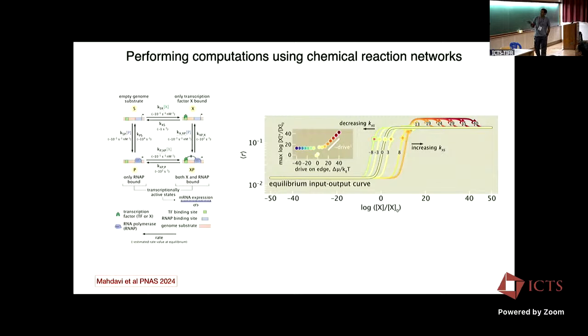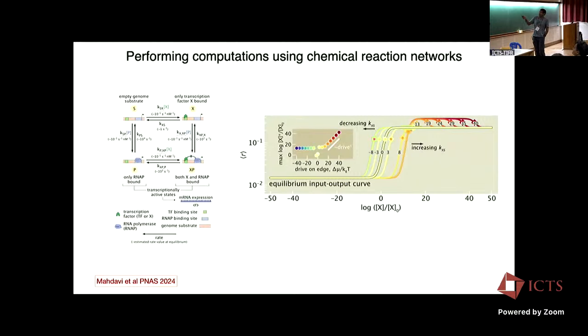If you, for example, treat the output of this gene circuit, which is the rate at which mRNA is produced, and put that on the y-axis, and as input, you think about the amount of transcription factor bound, you use that as the knob to tune the rate at which mRNA is produced.